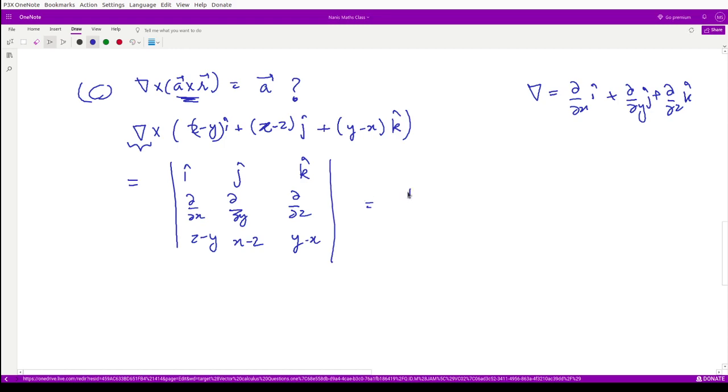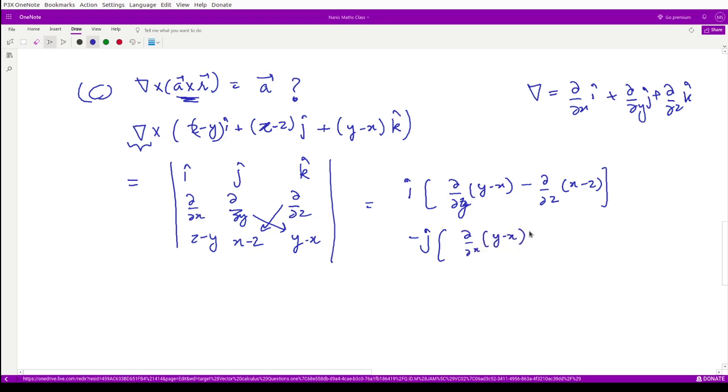So when you solve this, you have i cap times del by del y of y minus x minus del by del z of x minus z, minus j cap times del by del x of y minus x minus del by del z of z minus y, plus k cap times del by del x of x minus z minus del by del y of z minus y.